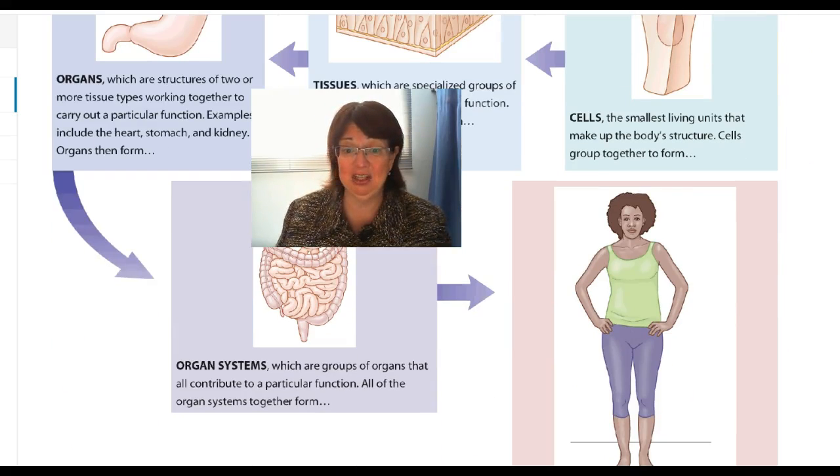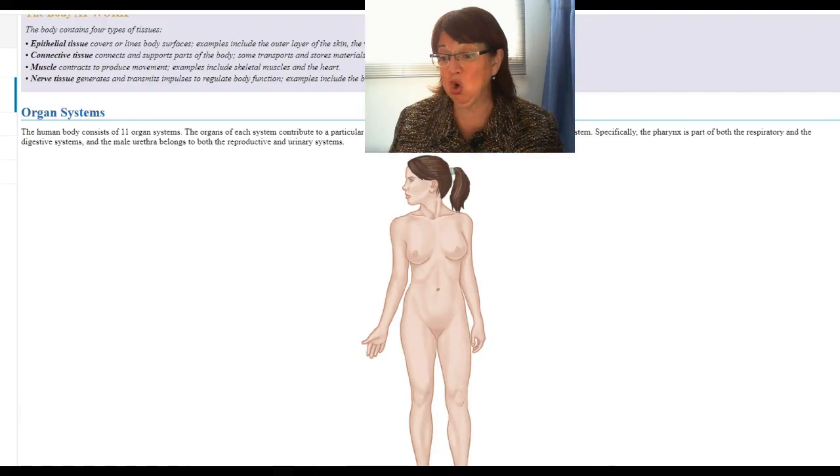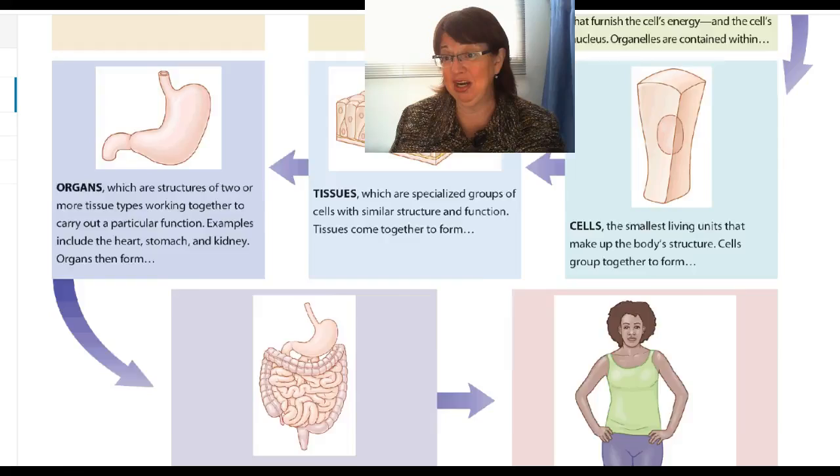Then, next level, your organs will work together to form an organ system. And there are 11 organ systems in the body. We'll look at all of them, some in more detail than others. So here's the digestive system, and then the systems go together to form an organism. Okay, and that is the level of organization.